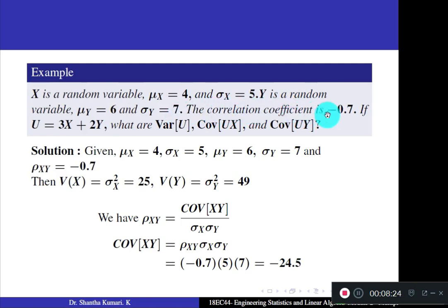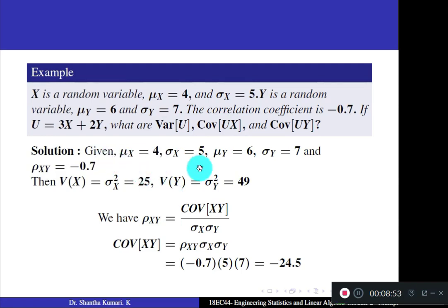The correlation coefficient is minus 0.7. If u equals 3x plus 2y, what are the variance of u, the covariance of u and x, and the covariance of u and y? So this is the question. You have to find three terms.